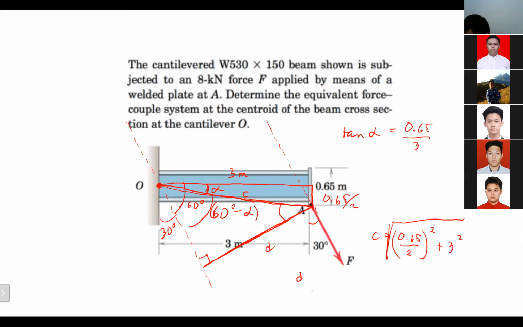D per C will be the same as cos, 90 degrees minus 60 degrees minus alpha.